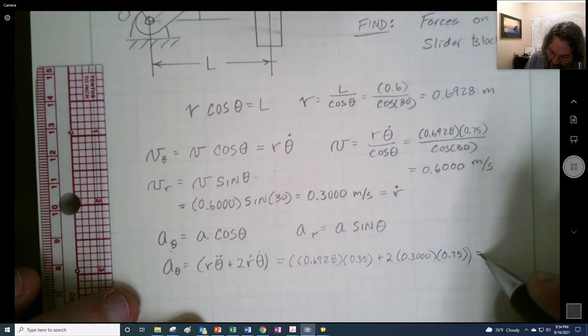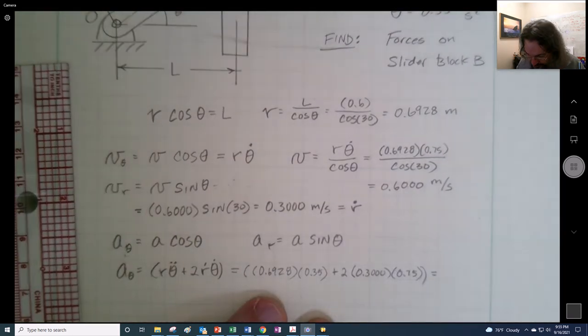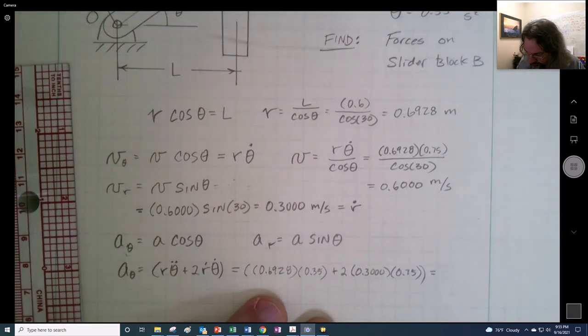So we're actually able to get the A theta. 0.6928 times 0.35, and then we have 0.3 and 2 times and 0.75 times. We can add those two together.